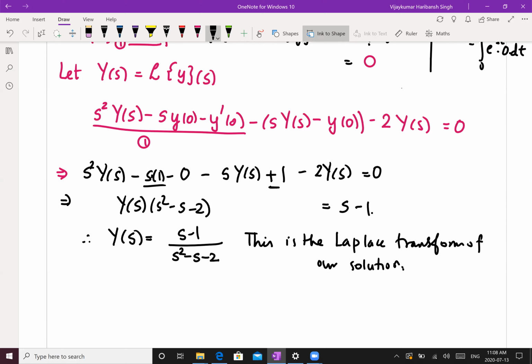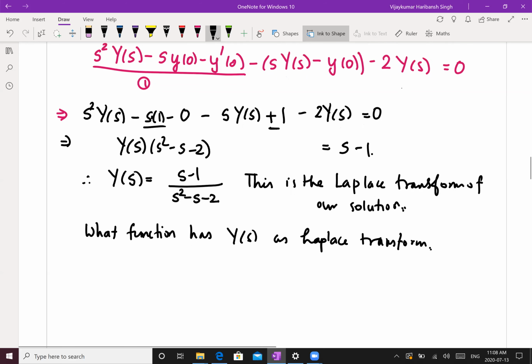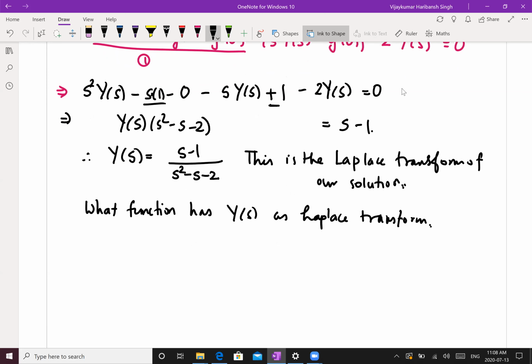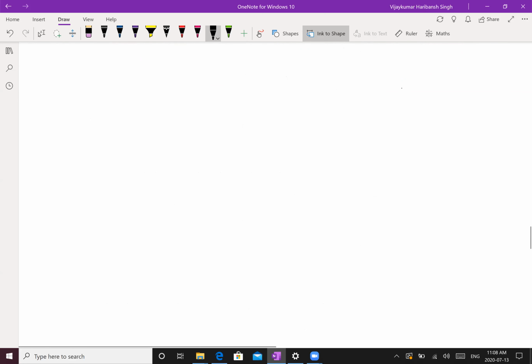So the question is, what function has Y(s) as its Laplace transform? For that, we are given the table and we need to look from it.